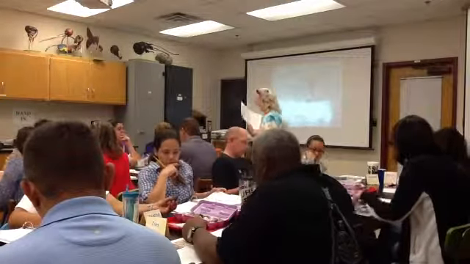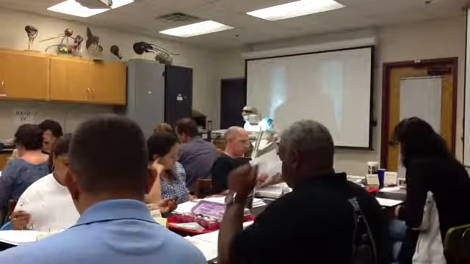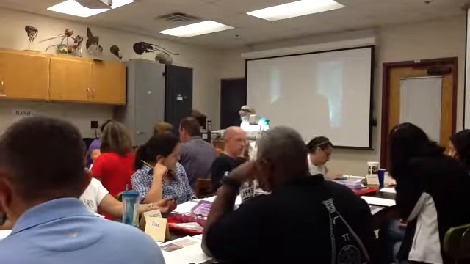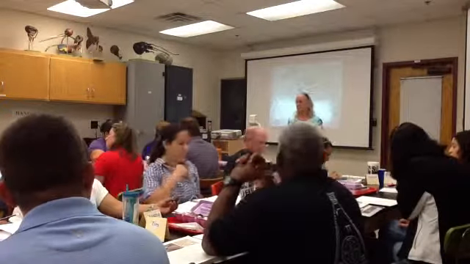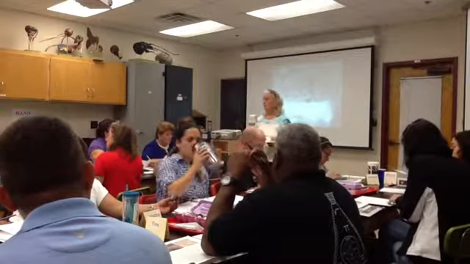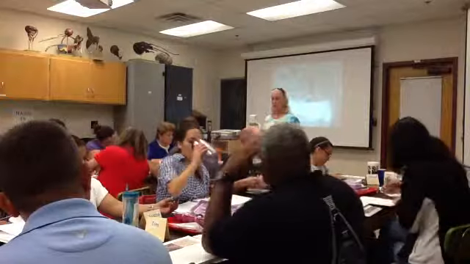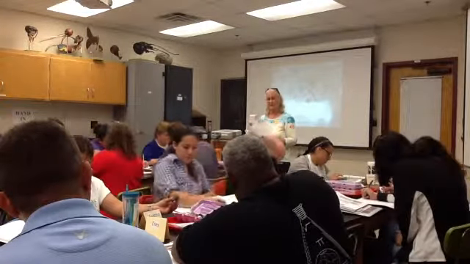So on the front page of your data table, which would be page number 56, you see a box that says rock name and rock type. For rock type, just put an S, an I, or an M, for sedimentary, igneous, or metamorphic. And then attempt to give it its name.